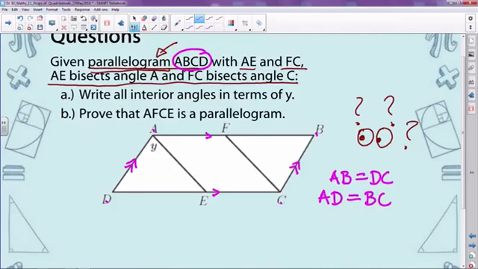Okay, then we're told that AE bisects angle A. Here's AE, A's over there and E's down there, which means that this angle over here is cut in half by that line. And FC bisects angle C. So F is over there and C is over there, and this is bisected over here.